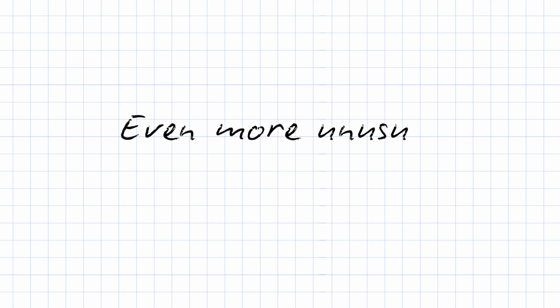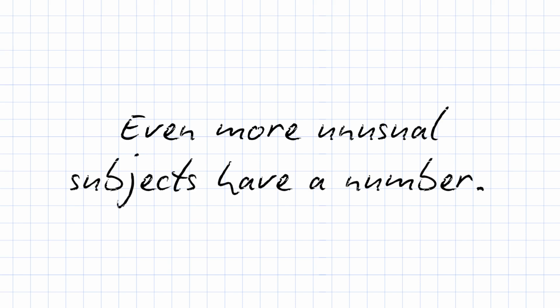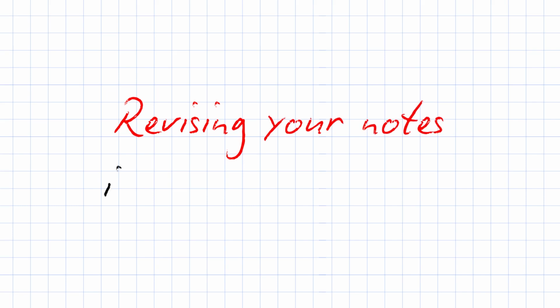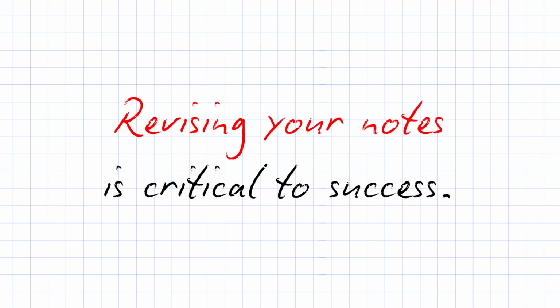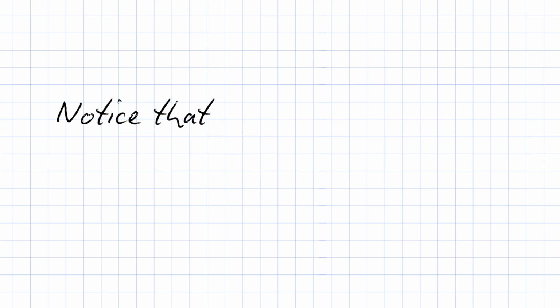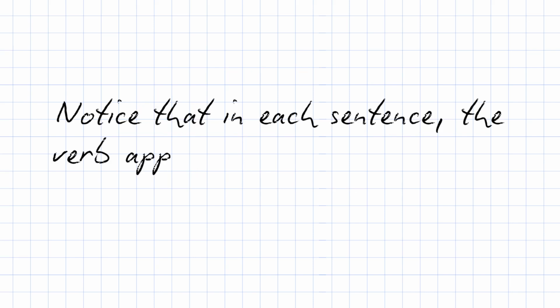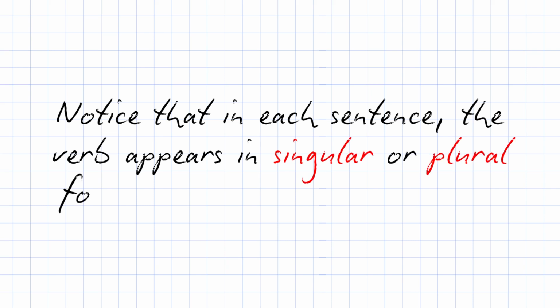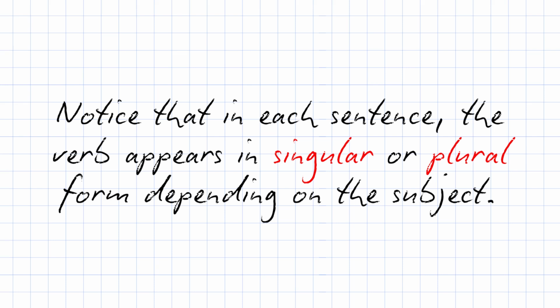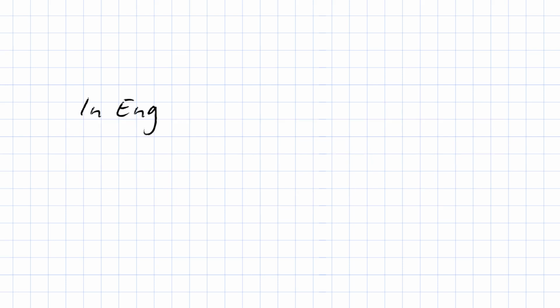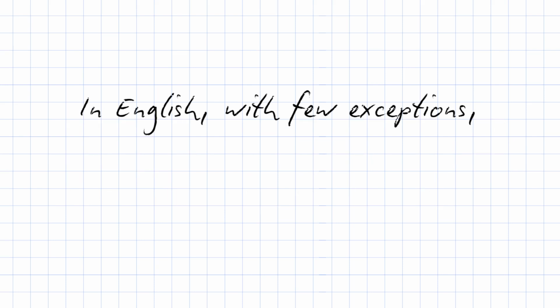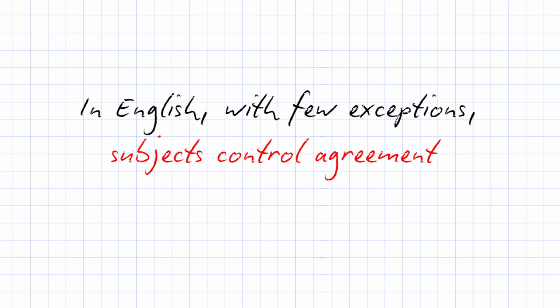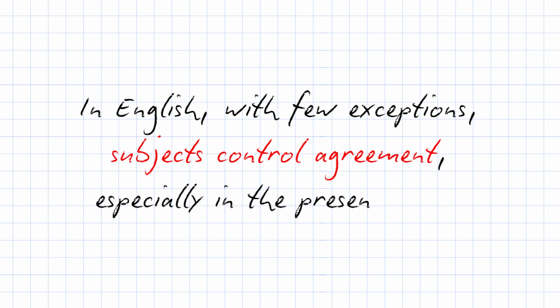Even more unusual subjects have a number. Revising your notes is critical to success. That's a singular subject. Notice that in each sentence, the verb appears in singular or plural form depending on the subject. In English, with few exceptions, subjects control agreement, especially in the present tense.